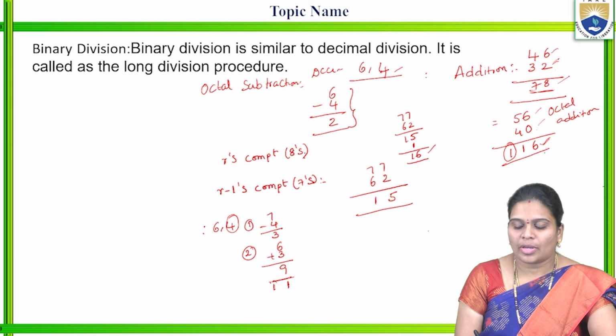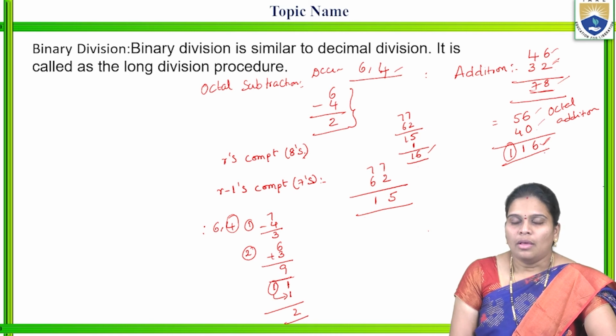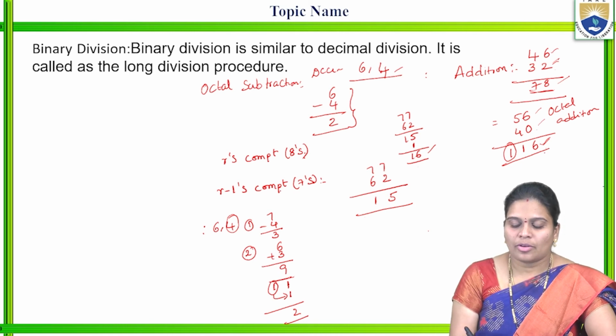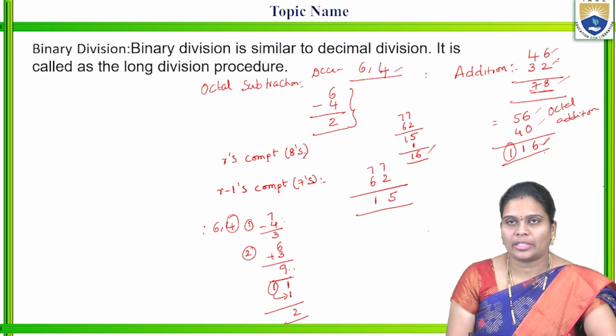If the carry is present, that carry is added to the LSB, and we are getting 2. So in the first step, apply the 7's complement of this subtrahend, then add the original digit and the 7's complement of that digit. We are getting the value 9. Converting that 9 to the octal value 1, 1. Here the carry is present, and that carry is added to the LSB, so we are getting this one.